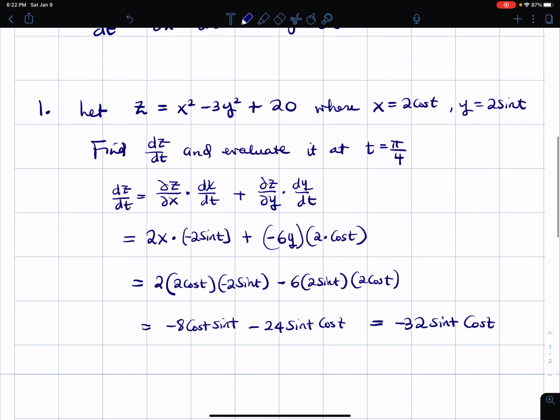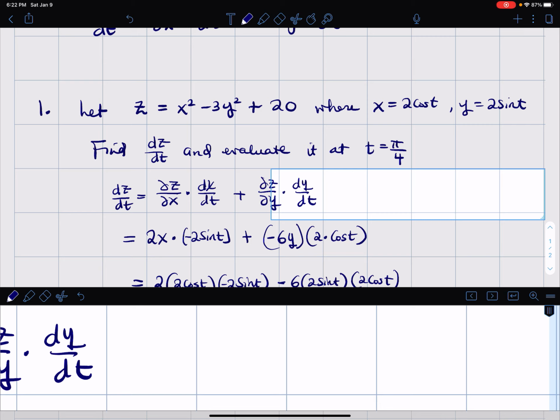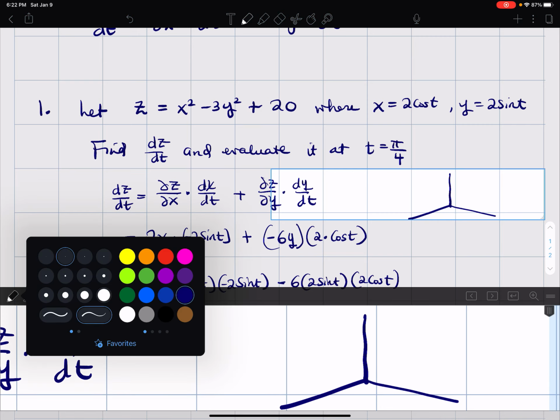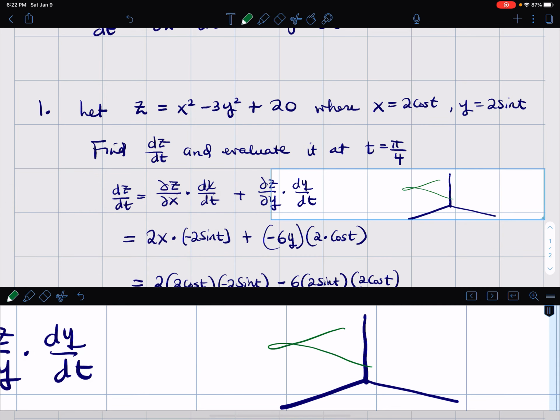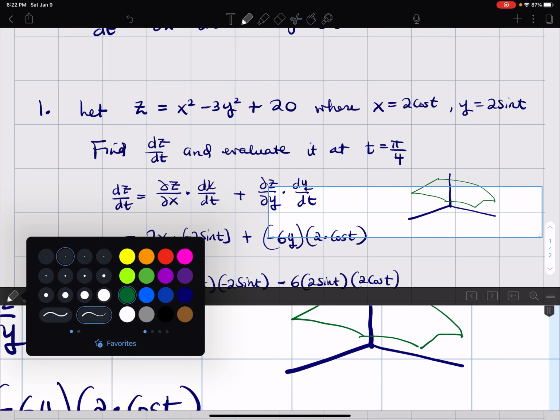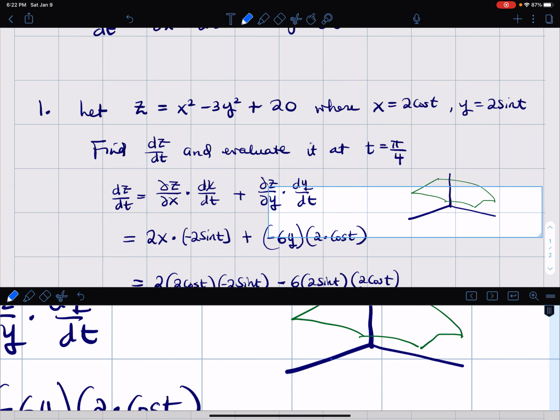Assuming this is our surface, this is the equation of our graph. Something like this. So assuming this is the graph of the equation, all we're doing is restricting the domain to a circle of radius 2.